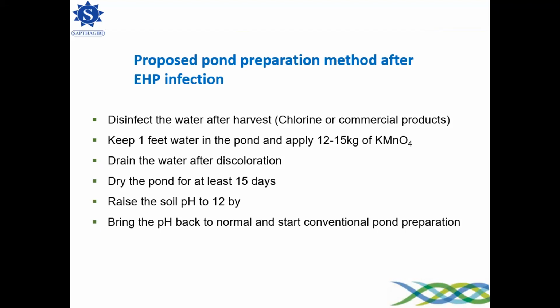After discoloration, dry the pond for at least 15 days, then raise the soil pH to 12 with calcium hydroxide, quicklime or burnt lime, or you can use sodium hydroxide. You can also monitor the rising of the soil pH. Depending on the soil buffering capacity, the pH may be raised very slowly or very fast.